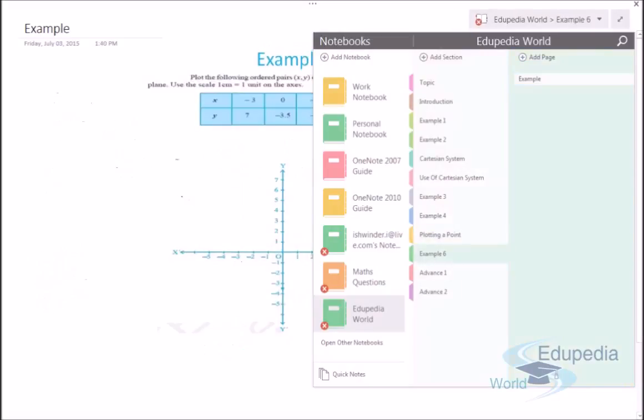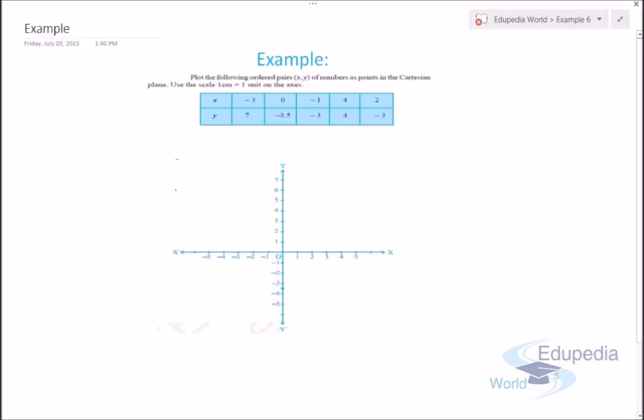Now let's discuss the next example. Now, the example is we have to plot the following ordered pairs of numbers as points in the Cartesian system using the scale. Now, very important, using the scale 1 centimeter as 1 unit. So, you always have to mention a scale because you have to mention what kind of measurements you are taking.